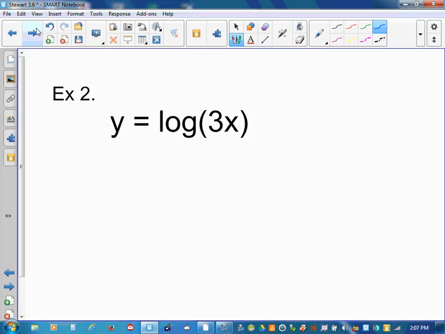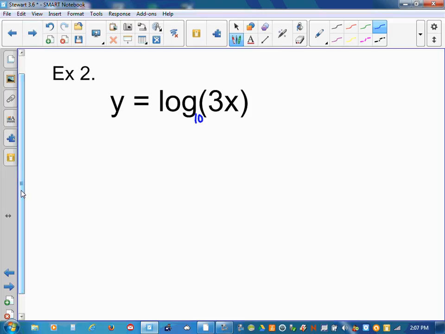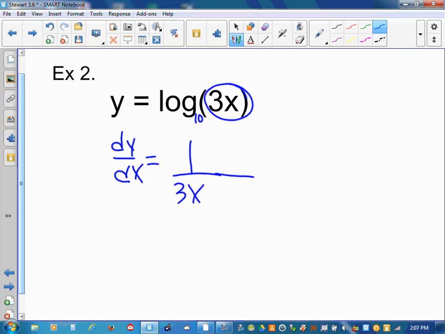All right, let's apply this with the chain rule. When log is not there, we know that it means log base 10, right? There's nothing there. It's log base 10. So what do we do? We write dy/dx is equal to, take whatever's there, throw it on the bottom of the fraction, times the natural log of the base, so natural log of 10, but we have an inside function, so I have to tack on times the derivative of the inside.